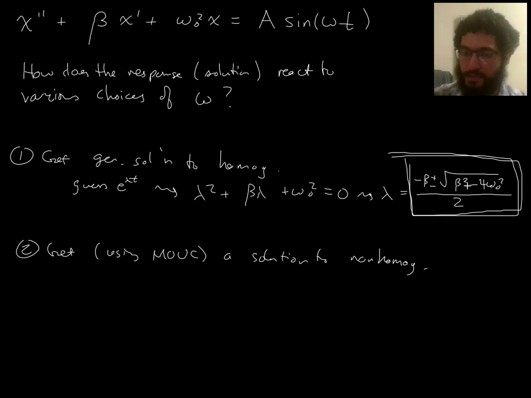In the underdamped case, where beta is small, the damping is small, then what's under the square root is negative, and you have complex roots. The imaginary part ends up being a real number times i, and the real part ends up being negative beta over 2. Beta is positive here.